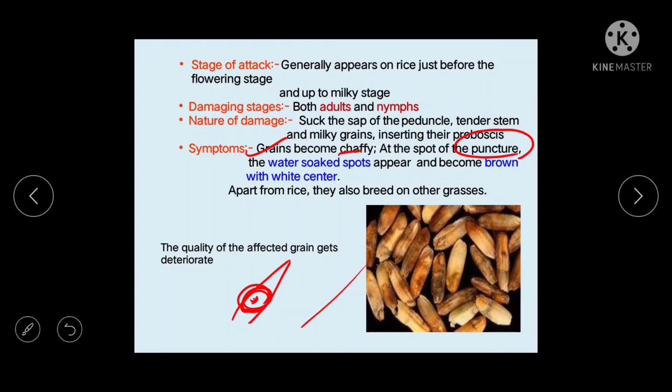Both the adult and nymph cause this kind of damage. Stage of attack, you already know: just before flowering up to milky stage. Nature of damage: they suck the sap from the peduncle, tender stem, and milky grain. Apart from rice, they also breed on grasses.